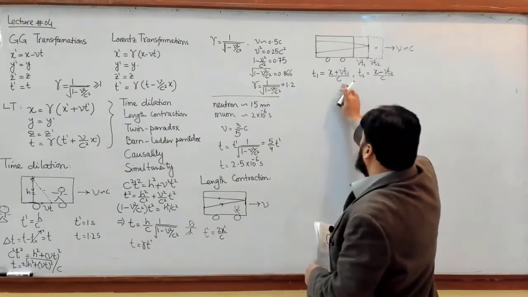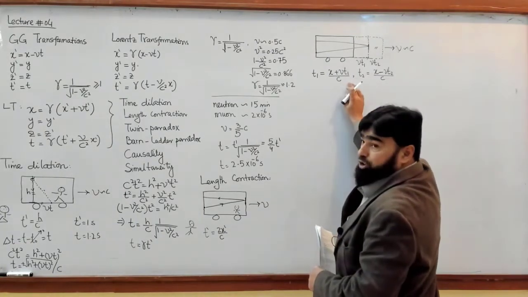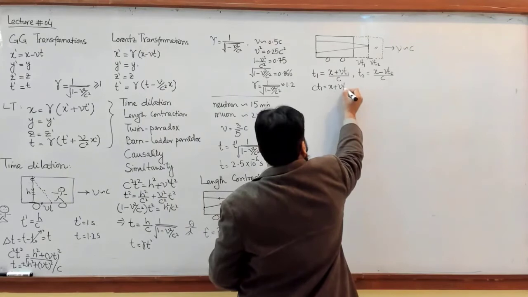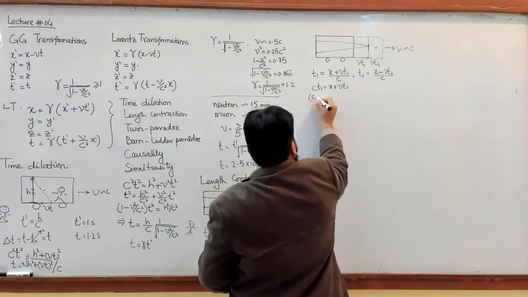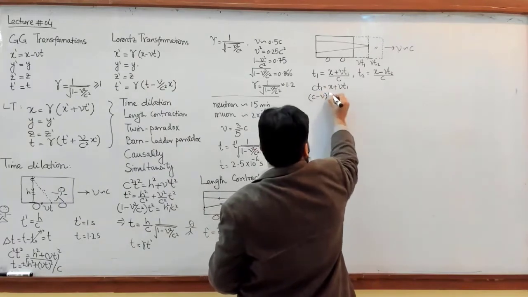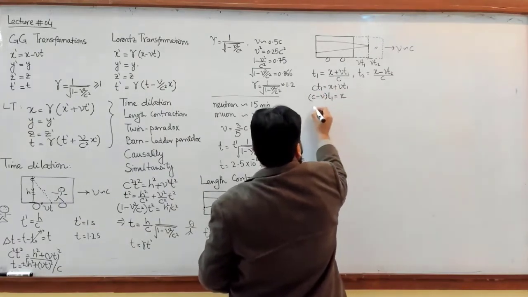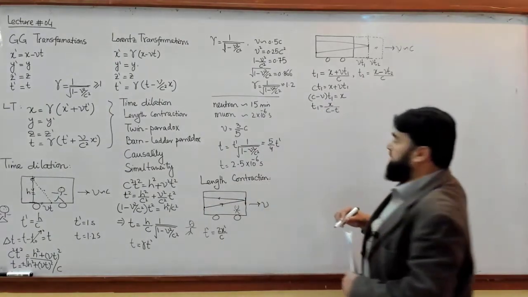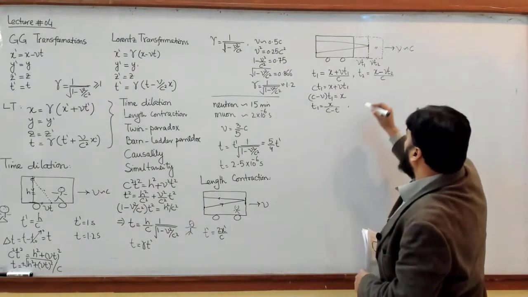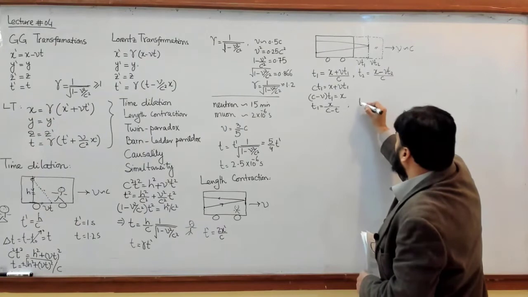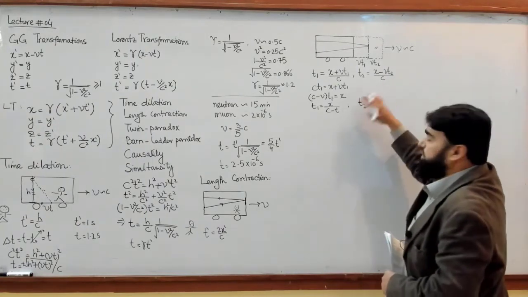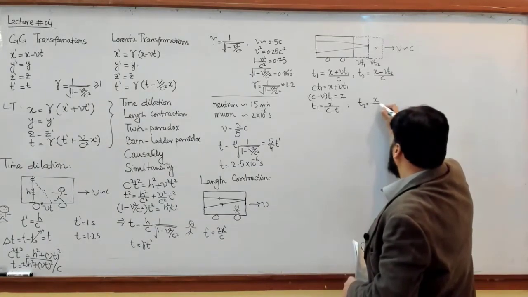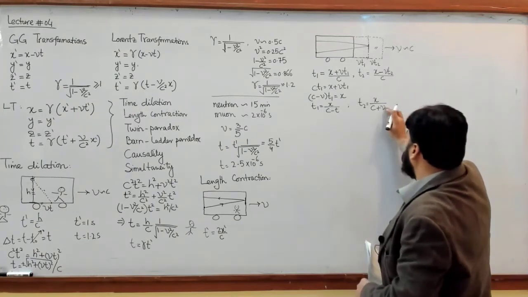Now from here I can solve for t1 and t2. ct1 is equal to x plus vt1, so if I take c minus v to this side and t1 is common, then t1 is x over c minus v. Doing the same for t2, it will be x over c plus v.